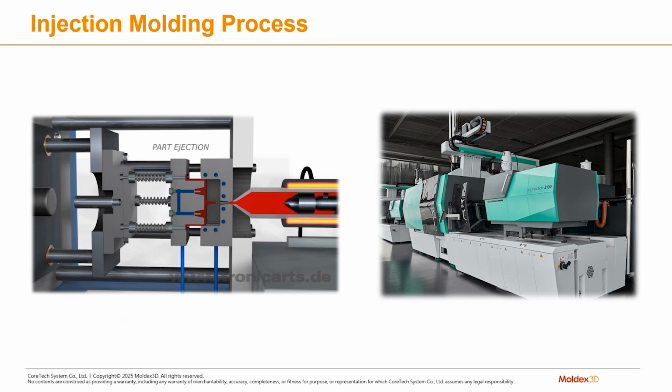Right, so we all know the injection molding process can be very complicated. There are multiple variables happening simultaneously, as soon as the material enters the mold. So the material's viscosity may change from shear heating through the runner or the geometry.